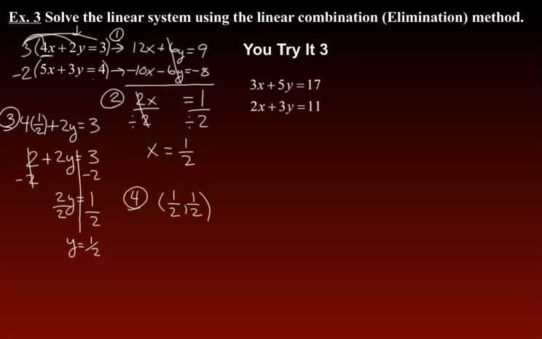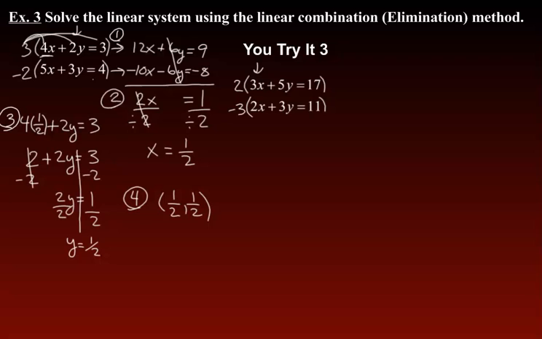Okay, so now that you've tried it, I'm going to get rid of the x's this time because those are the ones with the smaller numbers. Which means I get to multiply by the same numbers as last time, 2 and 3. And again, they're both positive, so that means I have to multiply one of them by a negative. So this time I'm going to make my 3 negative.